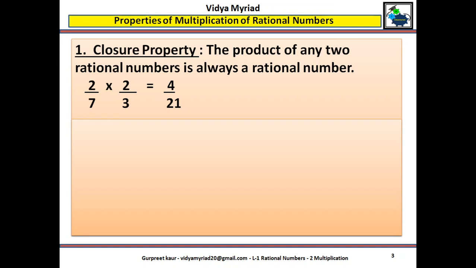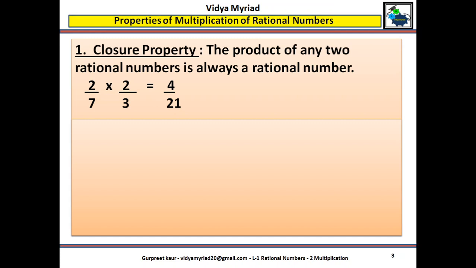Number 1 is the closure property. We discussed this closure property in addition and subtraction also. When you have two rational numbers, in the case of addition your answer is also a rational number, and in the case of difference, if we subtract two rational numbers, your answer is a rational number.